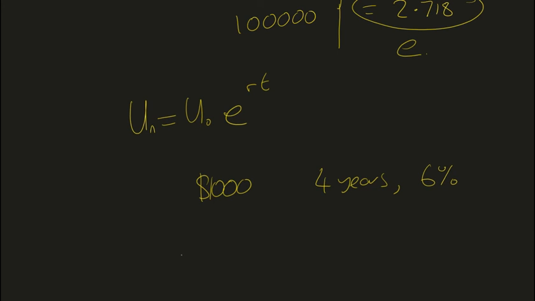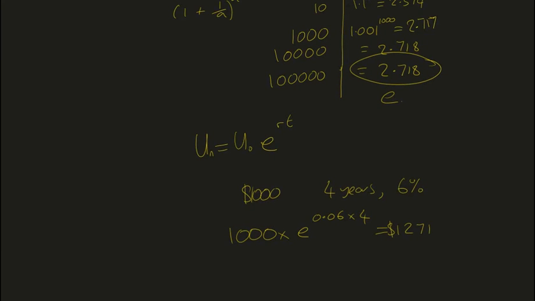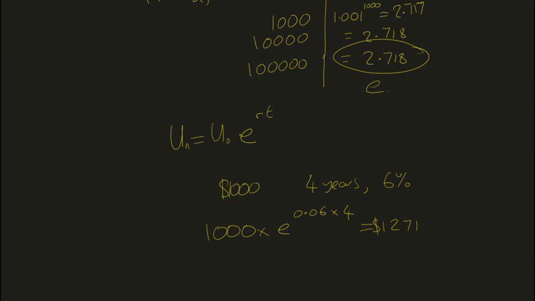What we would have to do is 1,000 times e to the power of 0.06 times 4, and that is going to get us our amount, 1271, I believe that is. That is if we are having this continuous compounding all the time. And so that's what e is. That's why it's useful, at least one way of thinking about it anyway. It has lots of other applications all over mathematics.